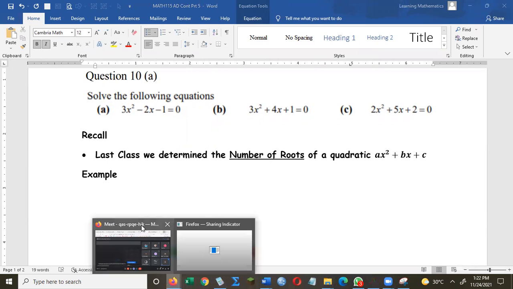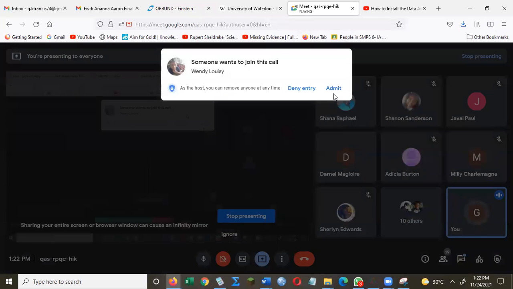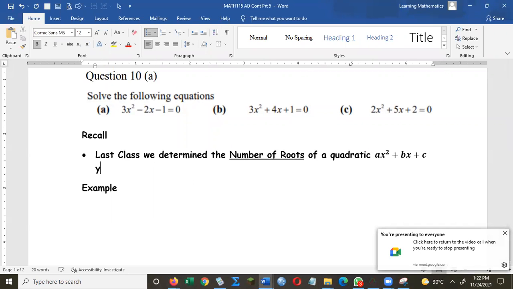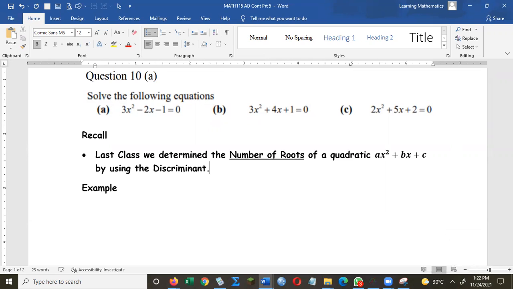So we determined the number of roots of a quadratic by using the discriminant. Someone said we determined the determinant, not the discriminant. Sorry, thank you very much. We did not determine the discriminant. We used the discriminant to determine the number of roots.